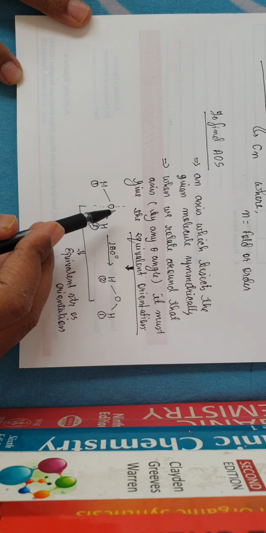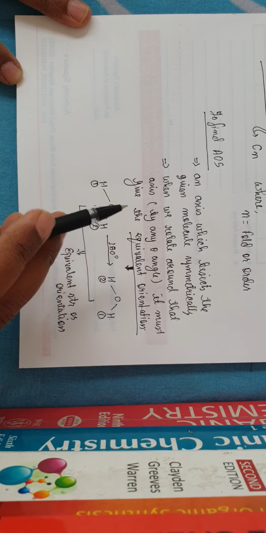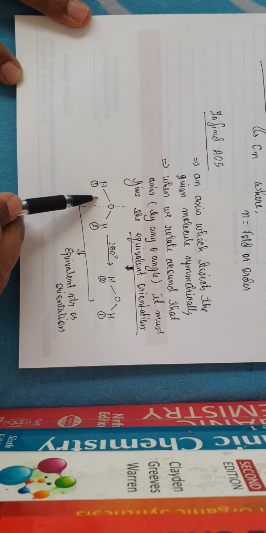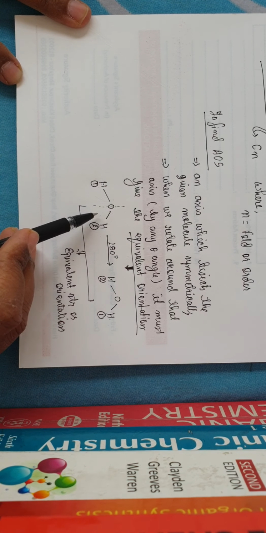As I said earlier, if this is an axis of symmetry, then it must bisect the molecule symmetrically, and that happens.